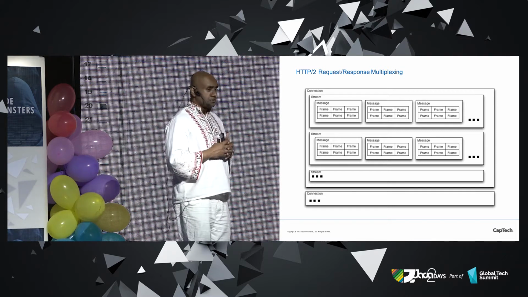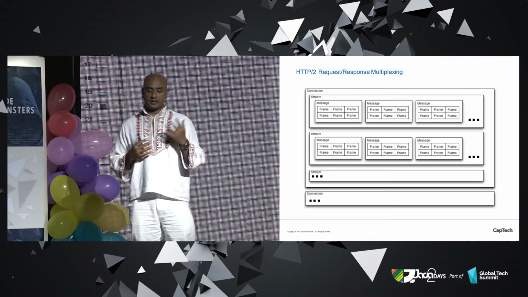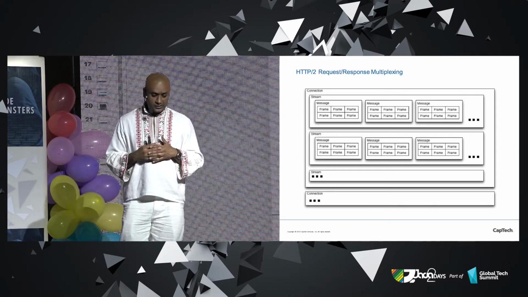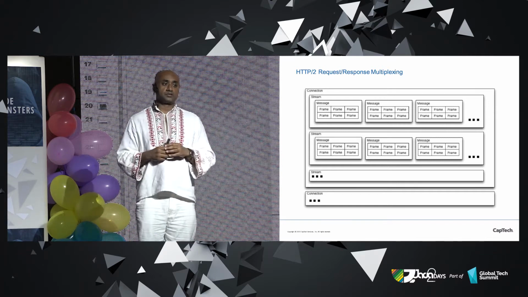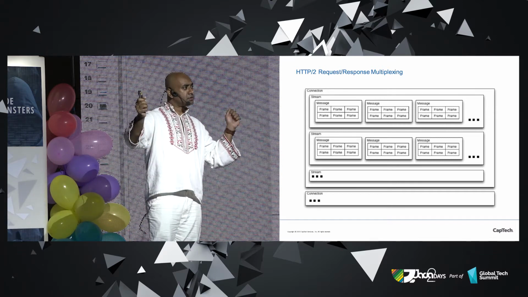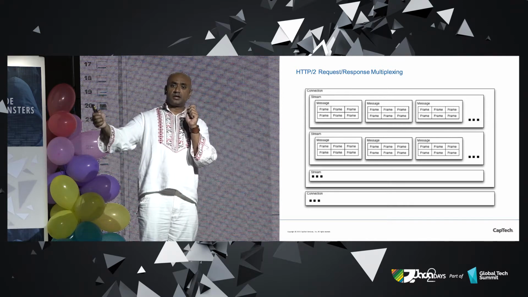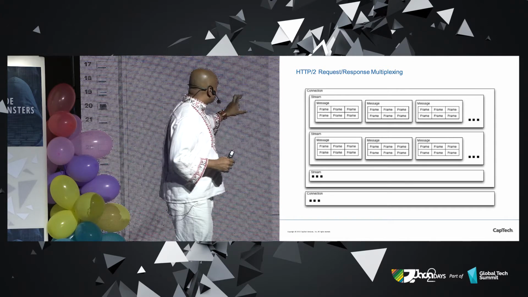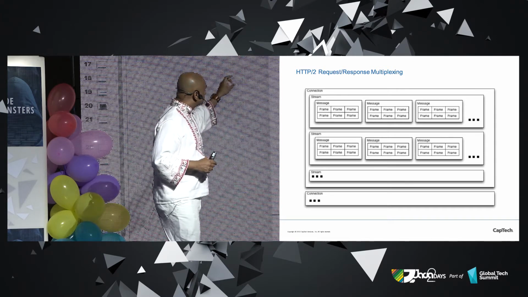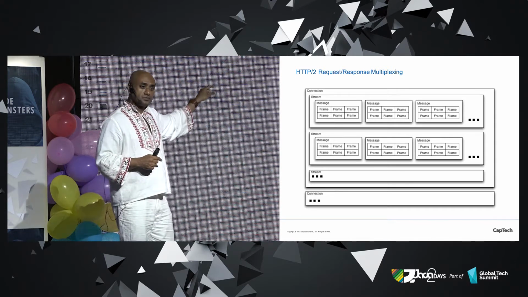The first one, as I mentioned, and the most important change in HTTP by far, is the fact that connections are now multiplexed. Okay, so we've broken the assumption that a single connection equals a single request equals a single frame. Instead, a single connection now translates to multiple streams, okay?